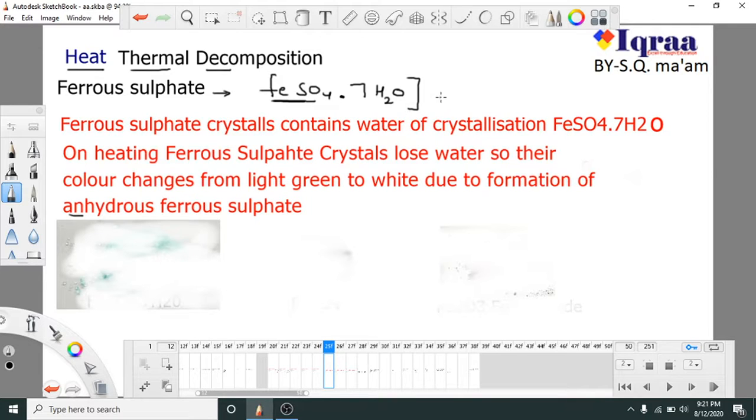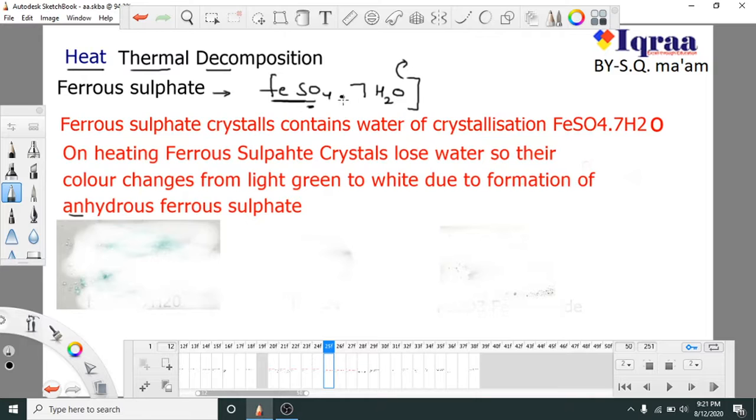If any substance contains water with itself, it is found in crystal form, and this water helps to maintain the crystalline appearance. These 7 molecules of water with 1 molecule of ferrous sulfate maintain the crystalline appearance of ferrous sulfate.